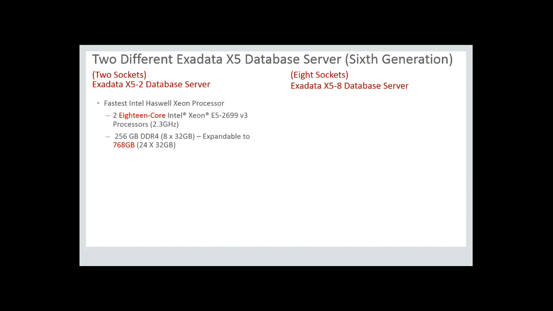When we are talking about the Exadata X52 database server, you can simply say that it's actually a combination of multiple Oracle X52 servers. So in this machine you are not getting a single server or single storage, you are getting multiple database servers and multiple storage servers. When we say storage servers, don't think of it like a SAN.